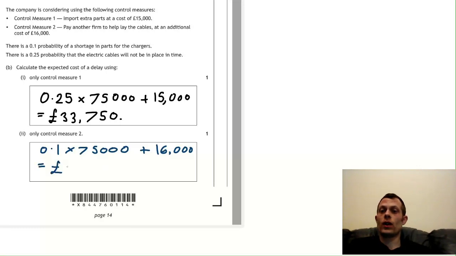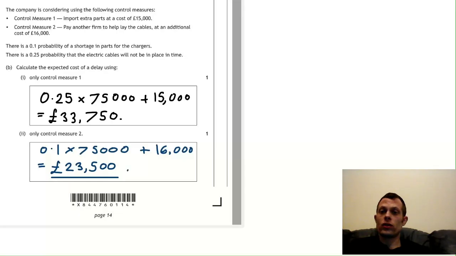That will give you an expected cost of £23,500. Again, that's just a 1 mark question. You could get something more complicated if they choose to ask something like this in the exam, assuming that you are doing an exam and you're not just watching these videos for fun.